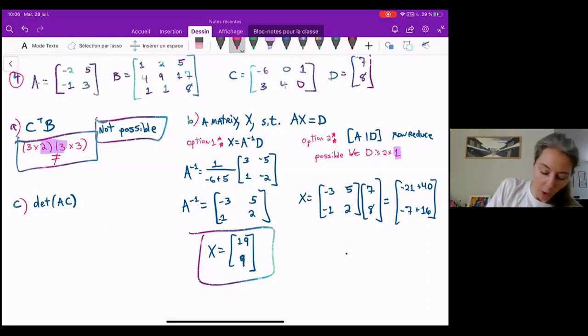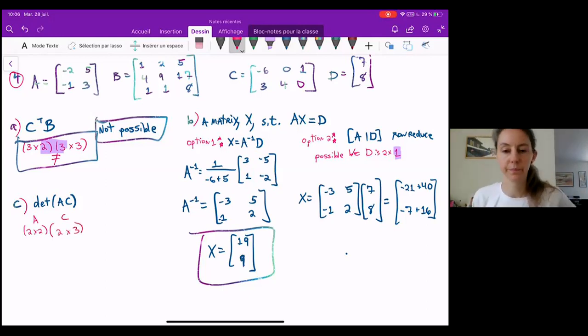Okay, good. So A is 2x2. We always start off by thinking if it's possible. What size is C? Two by 3. So can I multiply those together? Should I?